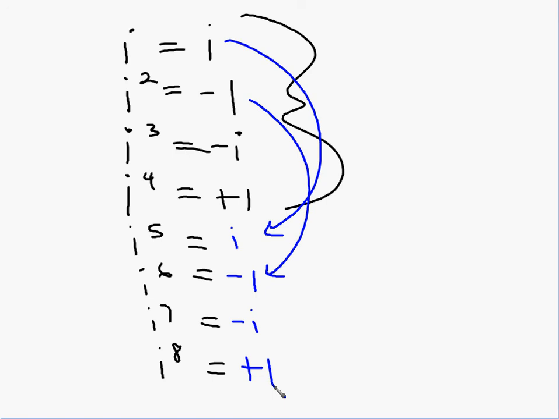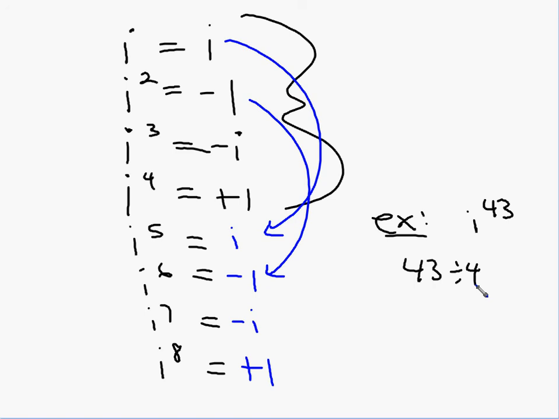Right? So what if they told you to find out, for example, what if they said, hey, what's i to the 43rd power? Well, what you want to do is divide by 4, okay? Divide this by 4, right?